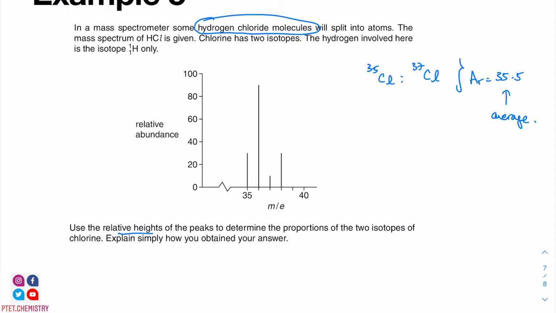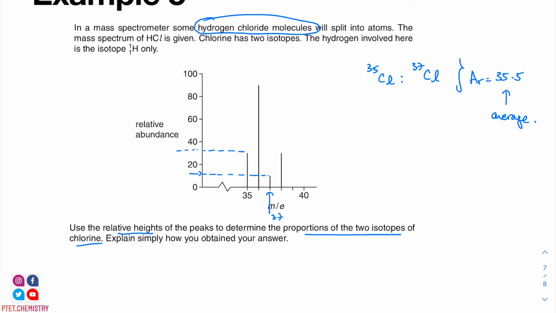Relative height of the peak gives the proportion of the two isotopes of chlorine. Chlorine-35, chlorine-37. Oops, not that. Chlorine-37 is that. So chlorine has two isotopes, and what is the percentage there?